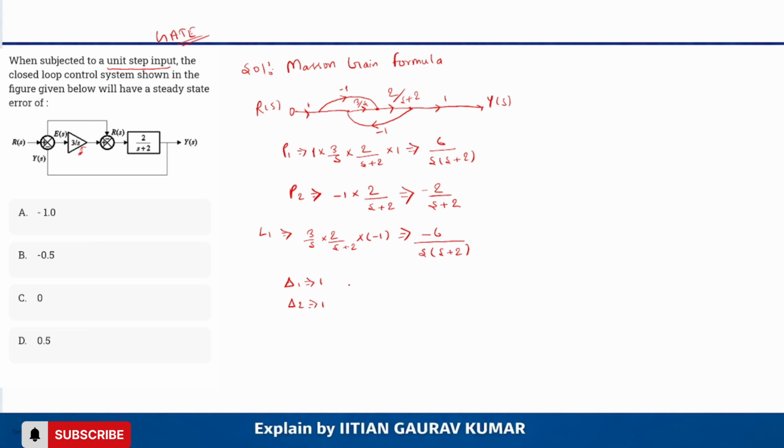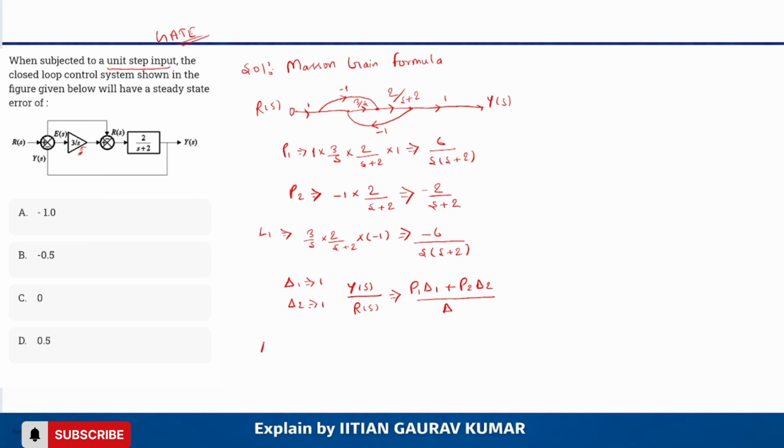So that's why we can write like this: Y of s divided by R of s equals P1 delta 1 plus P2 delta 2, divided by delta. And what is the value of delta?